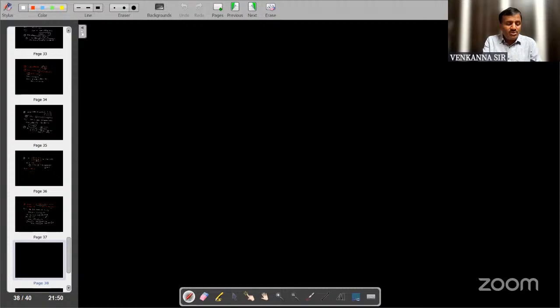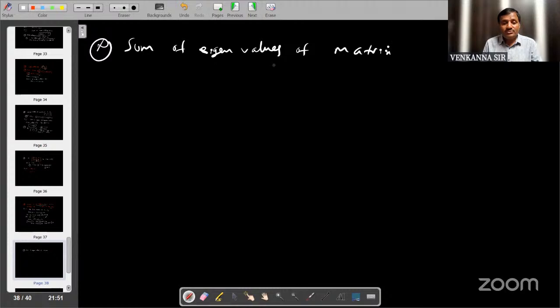So next question here. Sum of the eigenvalues is also from a previous GATE. Sum of the eigenvalues of the matrix.